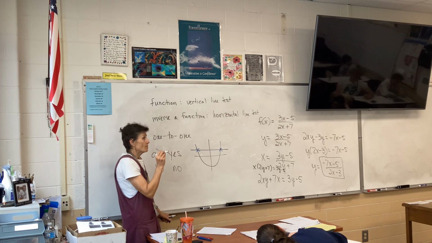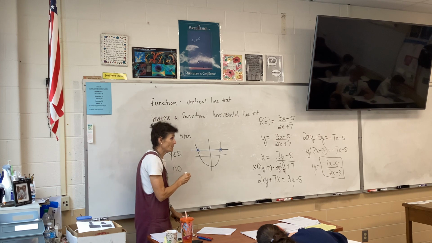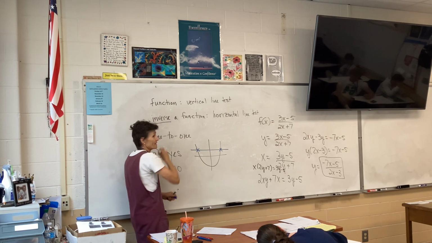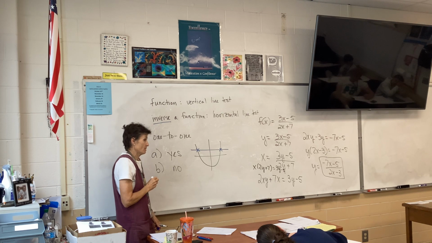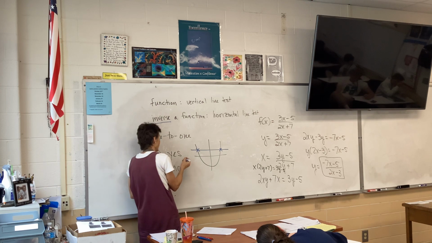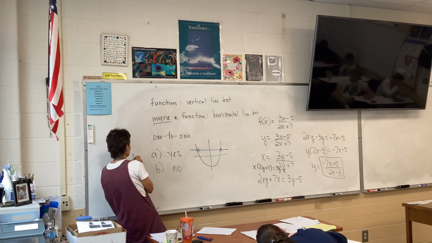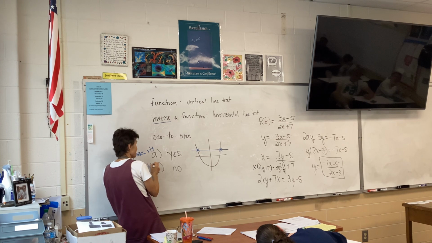Now, that doesn't have anything to do with the original picture. That has to do with its inverse. So the inverse is not a function because it does not pass the horizontal line test. So this was a yes, passes vertical line test. This is a no, flunks horizontal line test.